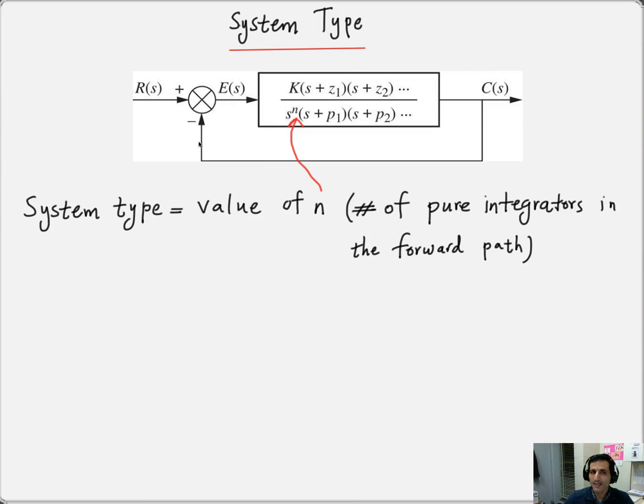If you do not have any integrator, meaning no term like s or s squared in the denominator, the system type is just 0. If you have a single integrator, then n is 1 and the system type is 1, and so on.